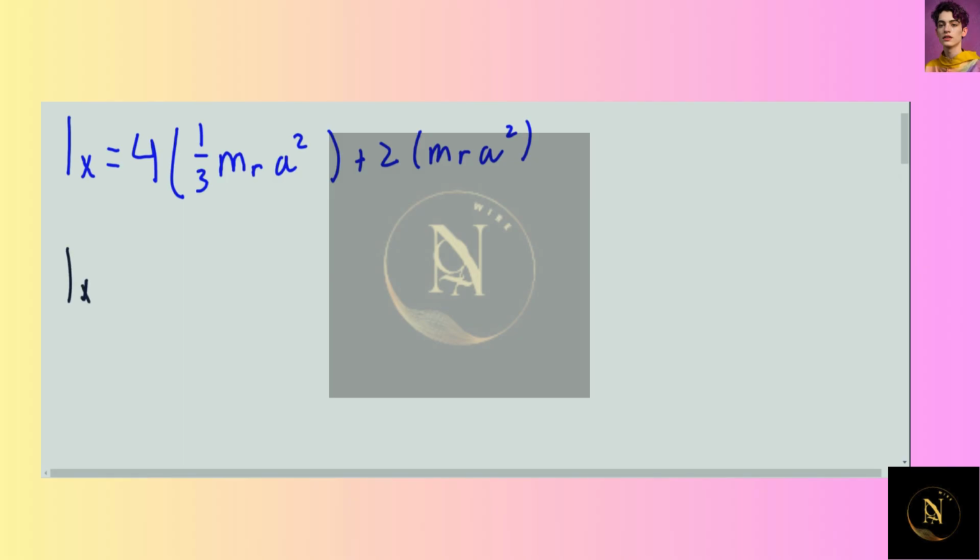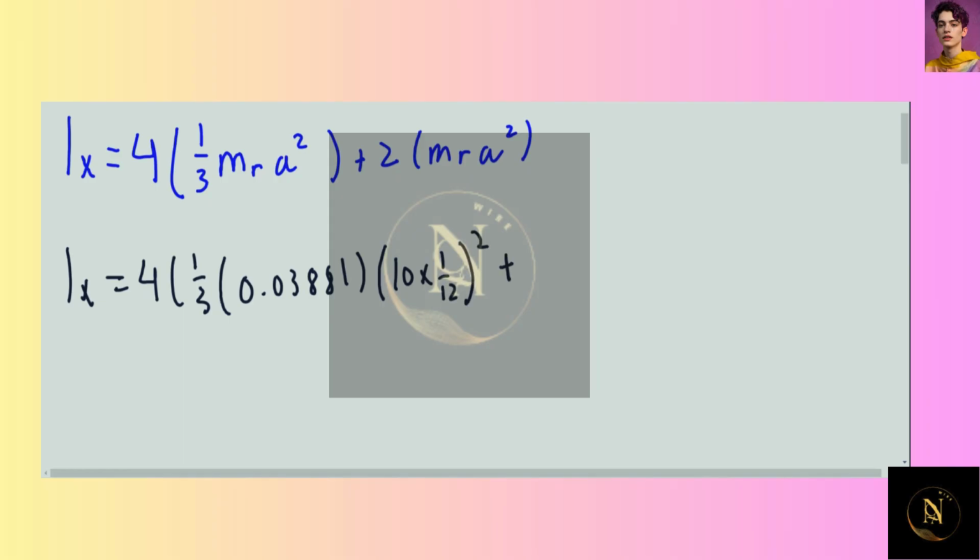So I of x is going to be equal to 4 times 1 over 3 times mr times the length A, converted into feet, squared, plus 2 times mr times a squared.